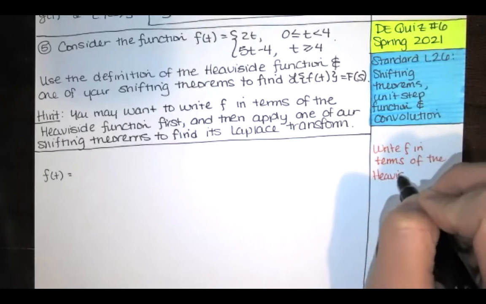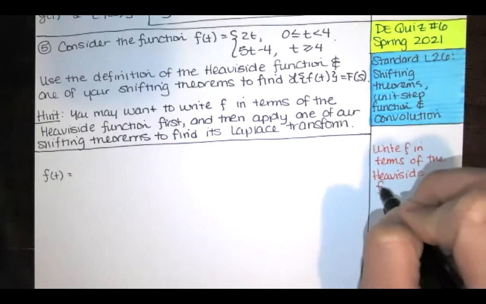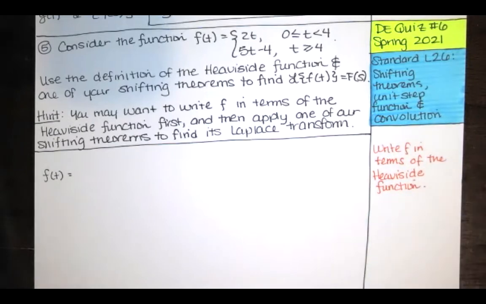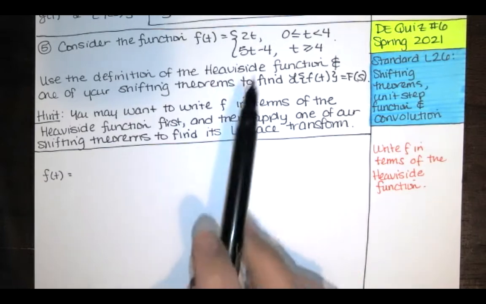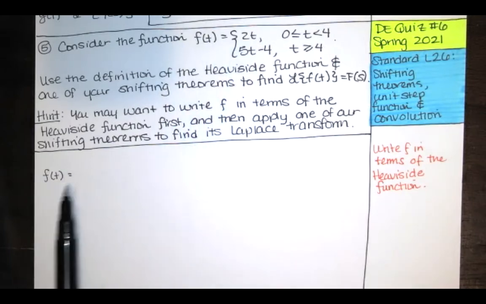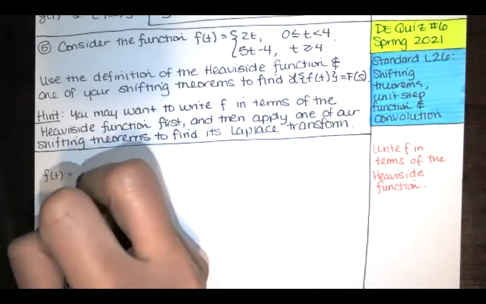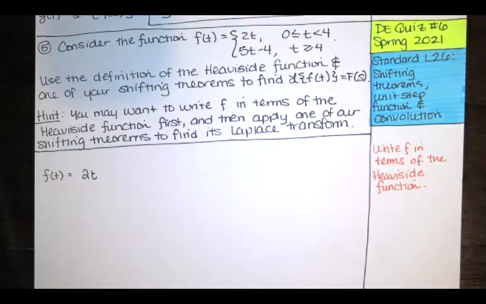Or one of the infinitely many Heaviside functions. And we do this again by thinking of the Heaviside function as an on-off switch. So we always start by writing f as whatever it is initially when t equals 0. So we'll turn on the function 2t.